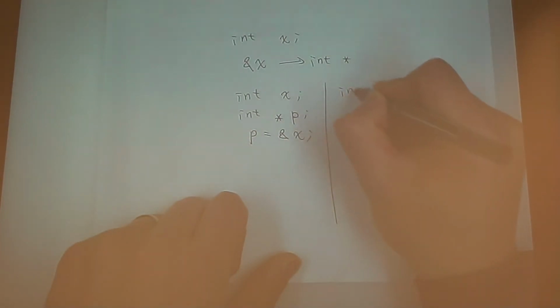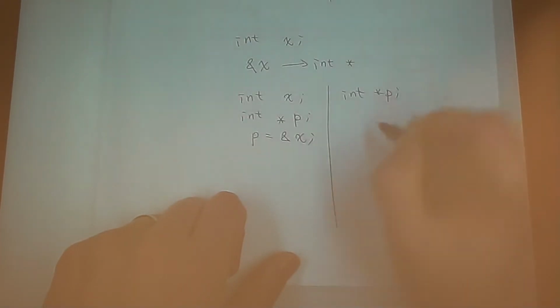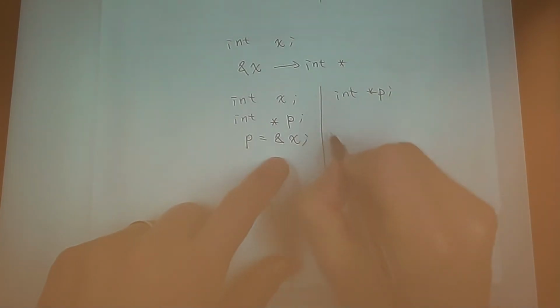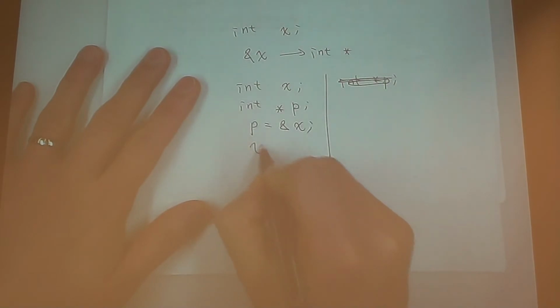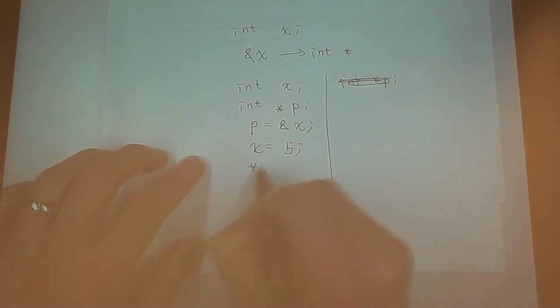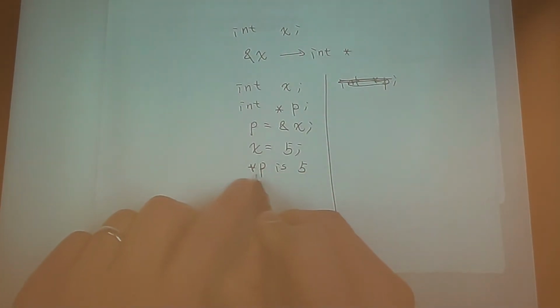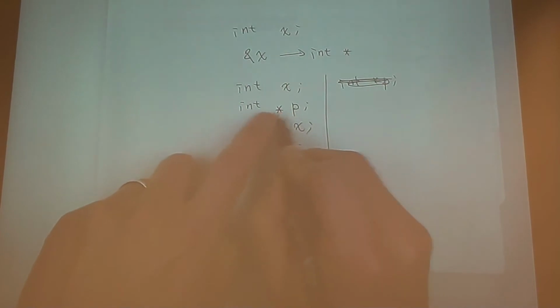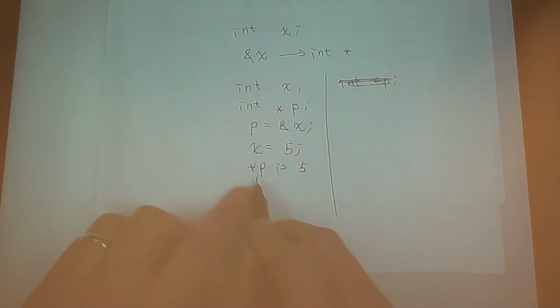If you have an integer pointer, p, and you say x equal to 5, that means star p is 5. Because p is an integer pointer, you add 1 star.